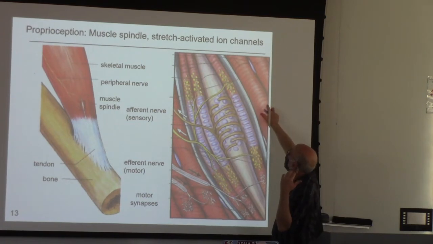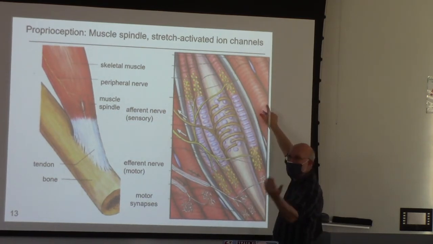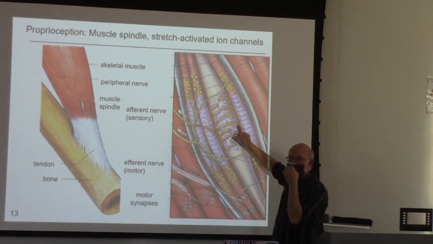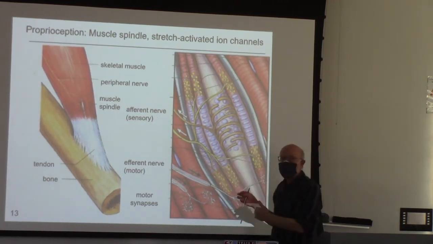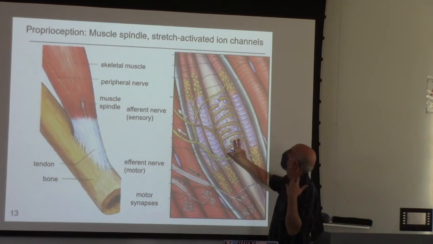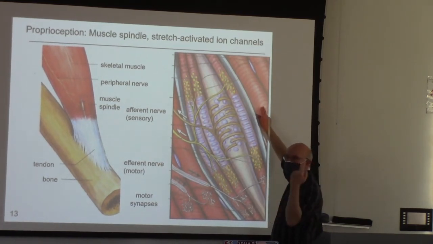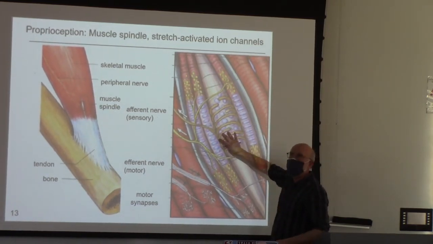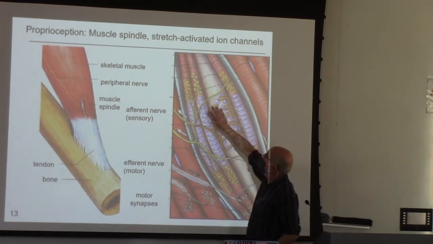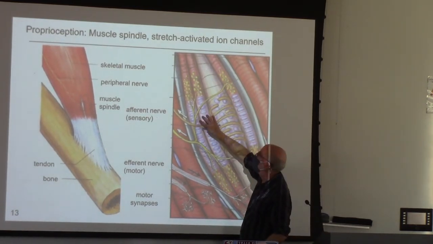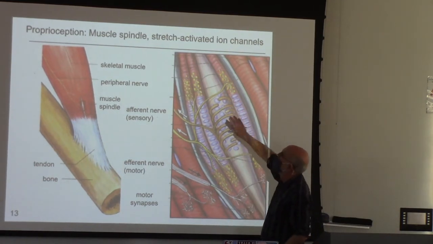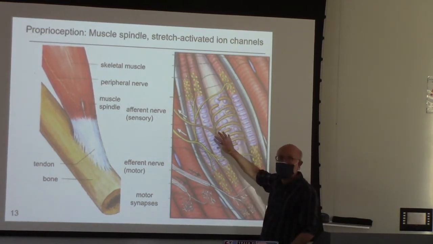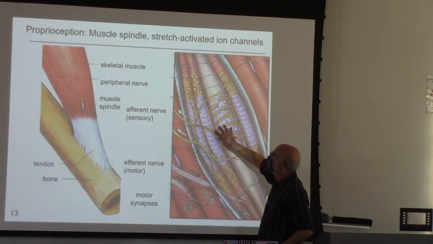So the muscle fiber is doing the work of contracting. The muscle spindles are muscle cells in the sense that they also contract, so they don't go slack when these muscles are actually doing the work. But these muscle spindles have sensory detectors that detect the stretch and the tension on the muscle.